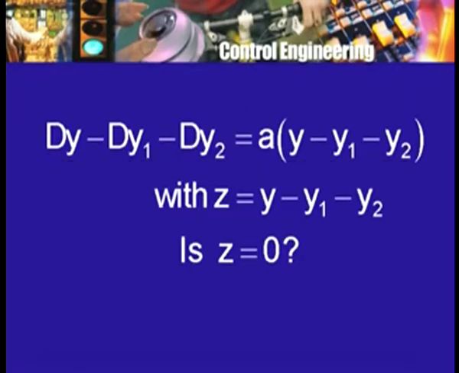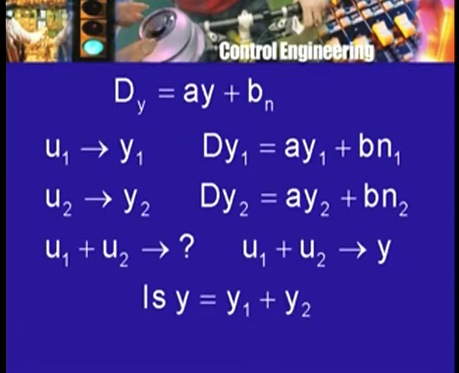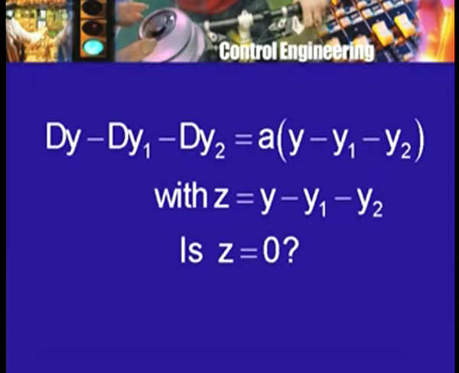So, I have this equation, and since I am asking whether y is equal to y1 plus y2, let me call the difference between y and y1 plus y2 z. And so, I am asking the question whether z is 0 or not. Well, we almost have an equation for z. We have dy minus dy1 minus dy2 on the left-hand side equal to ay minus ay1 minus ay2 on the right-hand side.